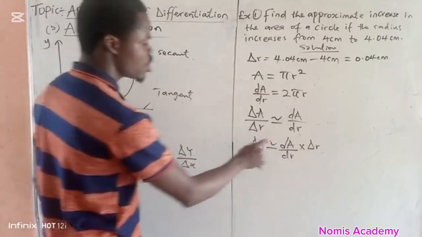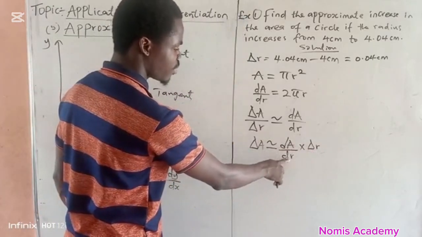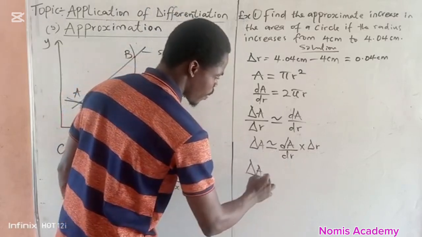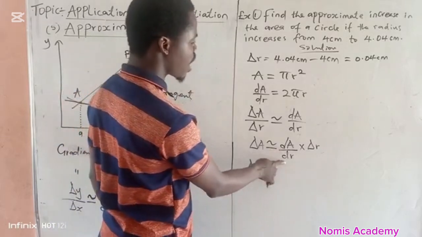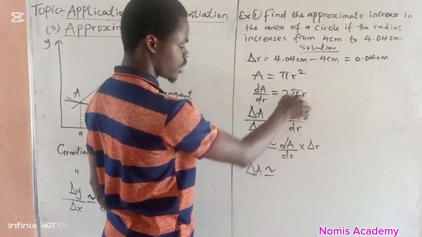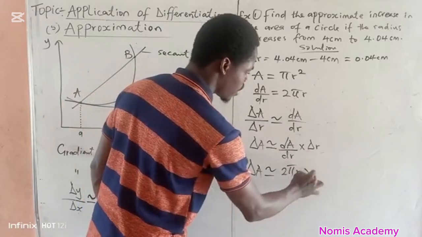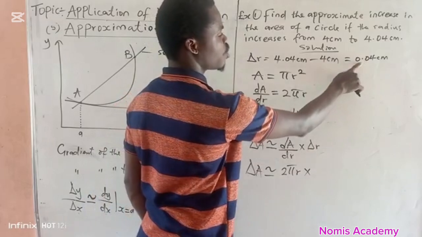We know what our delta r is and we know what our dA over dr is, which is 2 pi r. Then we write 2 pi r multiplied by delta r.